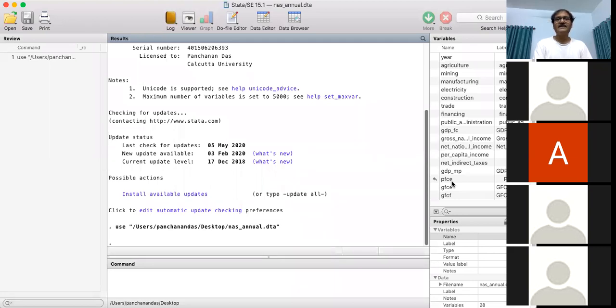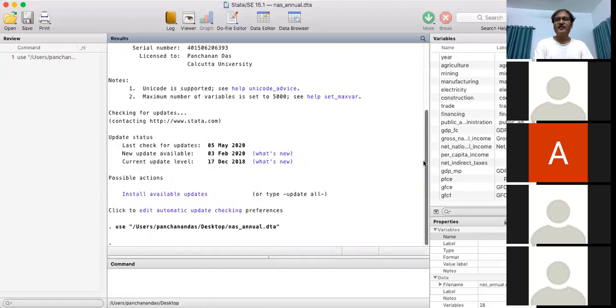So today's task is to look into the relationship between aggregate consumption and aggregate income. So for that purpose, we are choosing two variables, PFCE, measuring aggregate consumption, and GDP underscore MP, measuring national income.